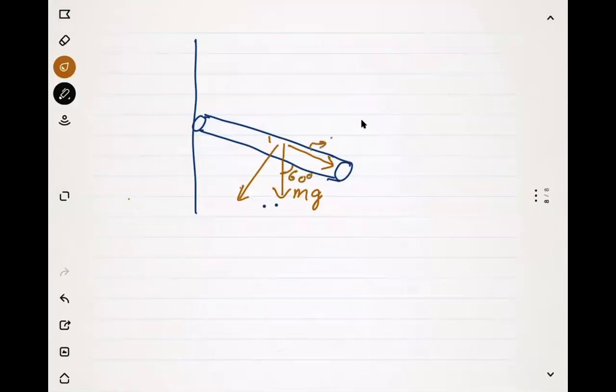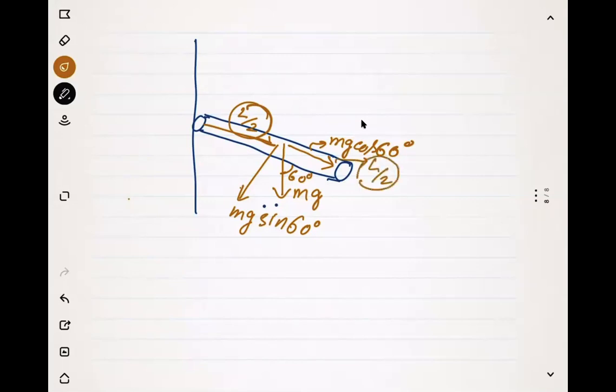The components would be mg cos of 60, and this component would be mg sin of 60. And this distance is L by 2. Because of this distance being L by 2, if we take this side of L by 2, then it is to be ignored.